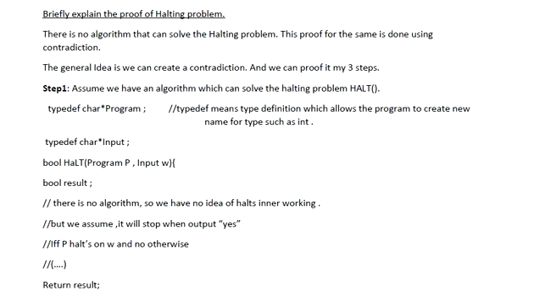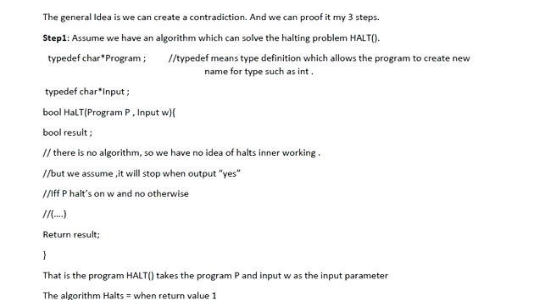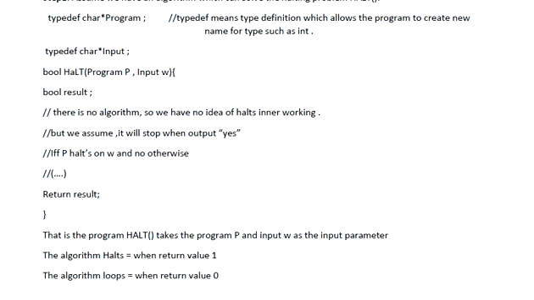We assume that we don't know how the inner halt is working, but it will stop with output yes if P halts on W input, and no otherwise. So depending on termination, it will give a result of yes or no. The program halt takes the program P and W input as parameters.